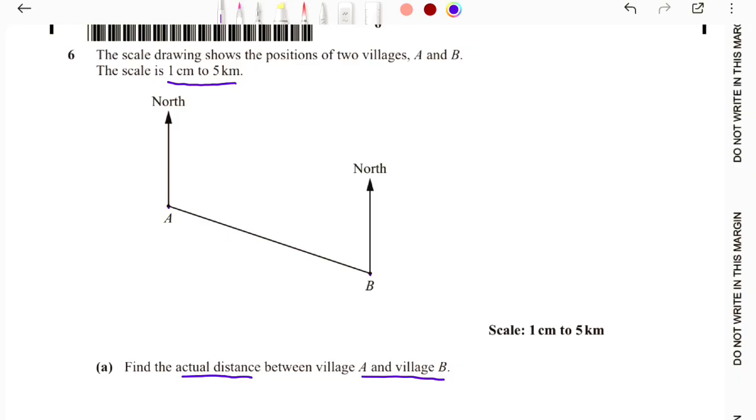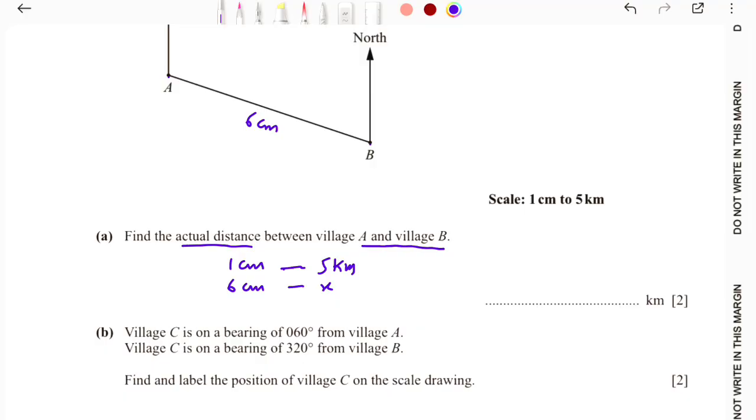It would be approximately 6 centimeter. Now as scale is 1 centimeter to 5 kilometer, so 6 centimeter would be how many kilometers? So we have to do cross multiply. X equals 6 times 5, so the actual distance would be 30.